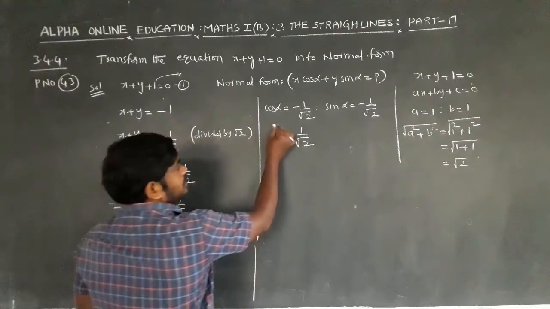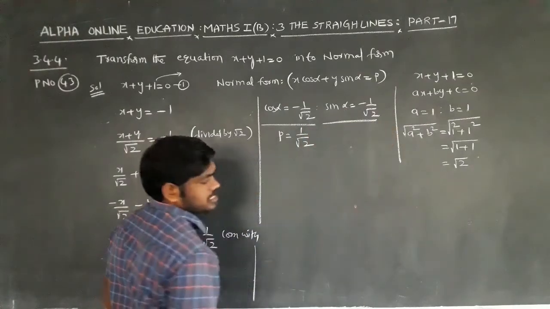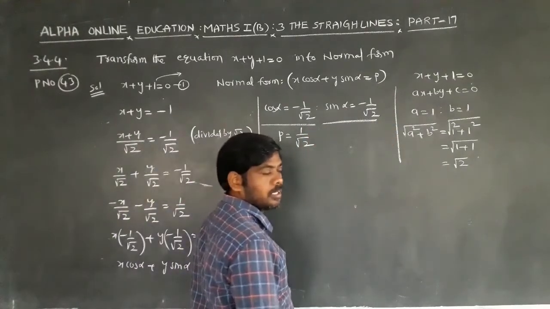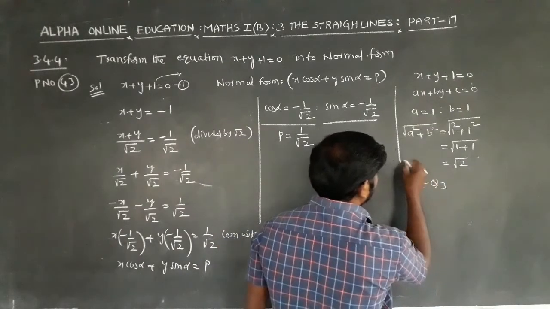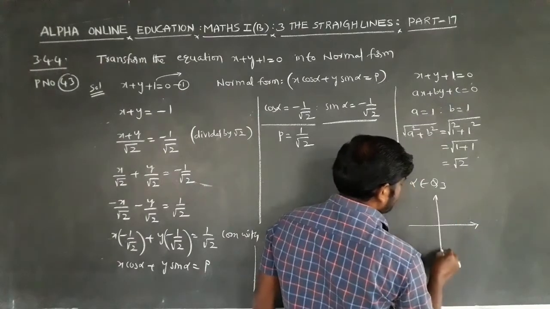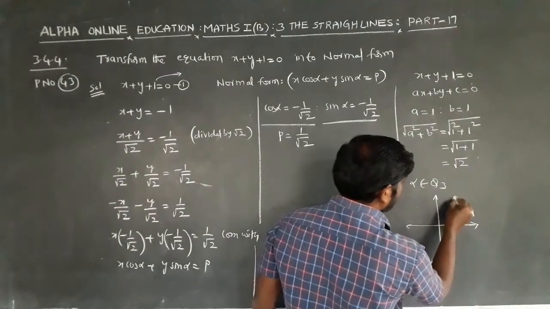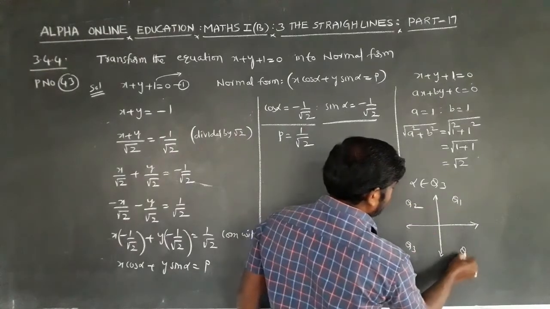Here cos alpha is negative and sin alpha is negative. Both are negative, so alpha belongs to Q3. Both negative means which quadrant?